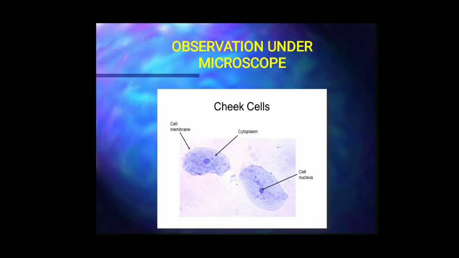The location of nucleus in the onion peel cells will be to one side of the cell. But in the animal cells, that is in the human cheek cells, the nucleus will be in the middle of the cell. So these are the small differences you can find between the onion cells and the human cheek cells.